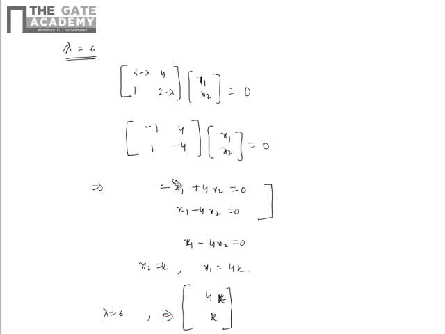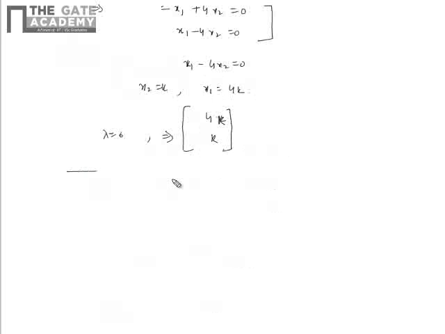Sometimes they may ask you to check whether a given vector is an eigenvector of the matrix or not. You just multiply that vector with the matrix and check whether you get a constant multiple of it. Just use the basic definition.